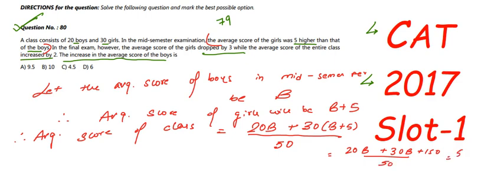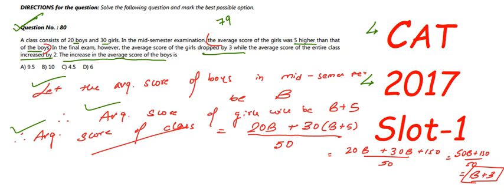So this will be 50B plus 150 divided by 50, which is equal to B plus 3. So B plus 3 is the average score of the class. So B plus 5 and B plus 3 is the data for the mid semester.